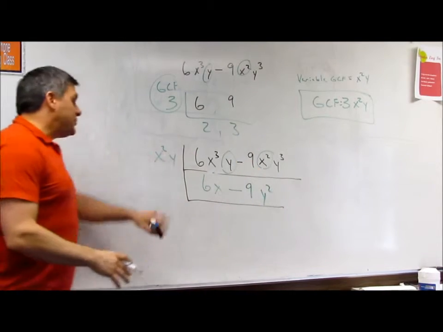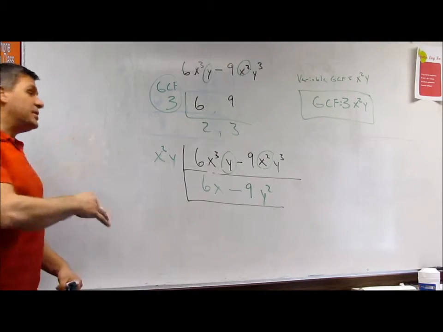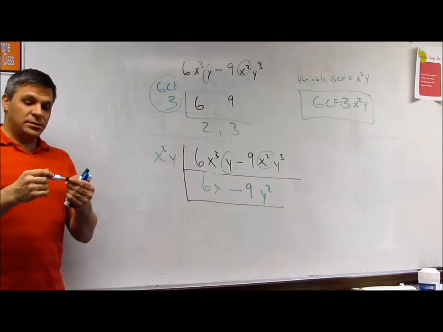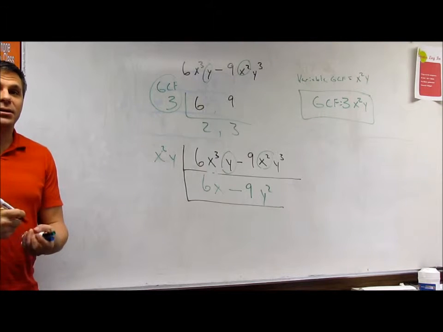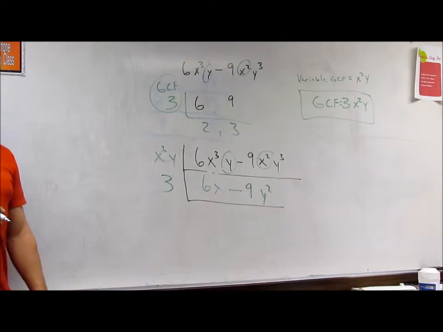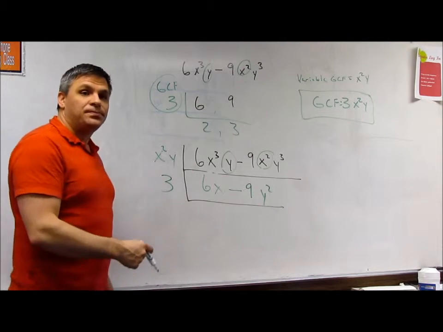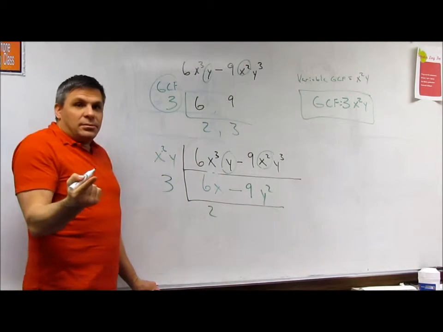Okay? And then I move on to the numbers. I'm done with the variables. So now I move to the numbers. What goes into 6 and 9? 3. You guys get that, right? So 3 goes into 6 how many times? Twice. You divide 6 by 3.